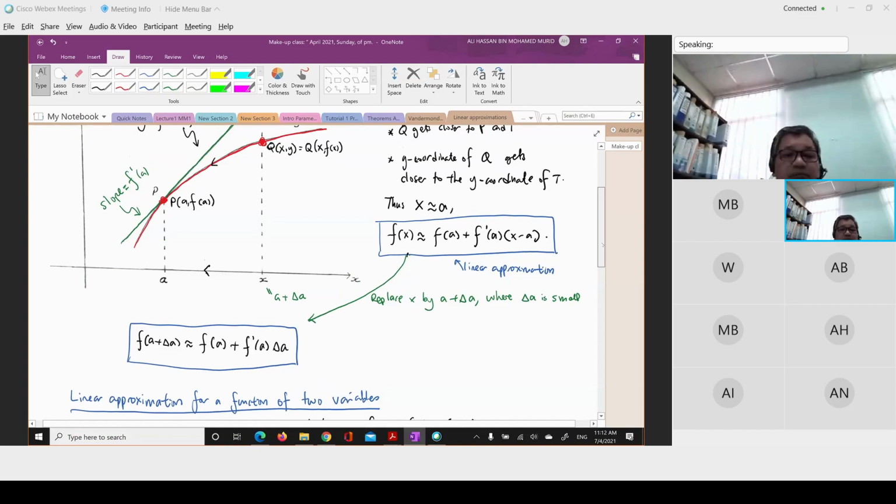The equation of the plane tangent at the point P, if P has XY coordinates (a, b), is z equals f(a,b) plus f partial x, these are partial derivatives, f partial x evaluated at (a,b) times x minus a, plus f partial y at the point (a,b) times y minus b. So this is the equation of the tangential plane here.